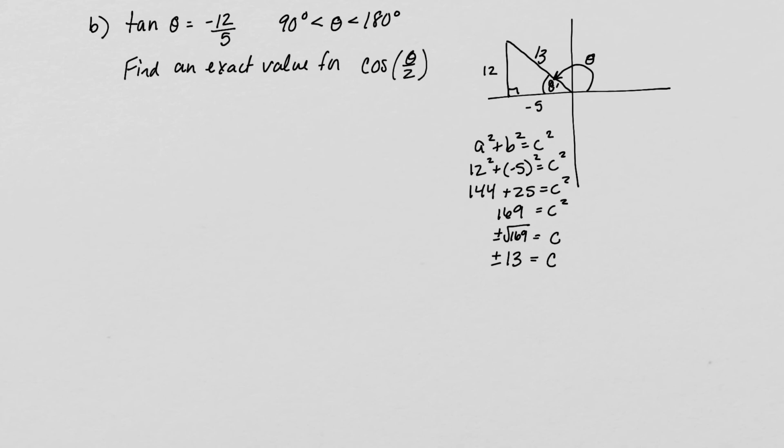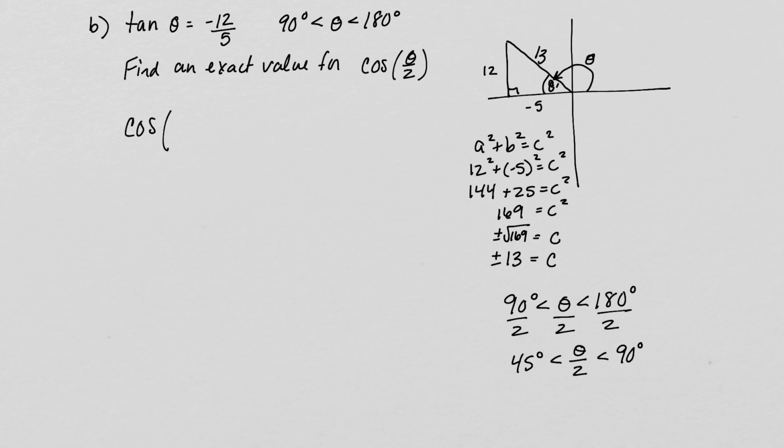So again, my original angle, my theta, is in quadrant 2. I'm going to divide everything by 2, and that's going to tell me where theta over 2 is. So 45 degrees is less than theta over 2 is less than 90 degrees. So that tells me quadrant 1.